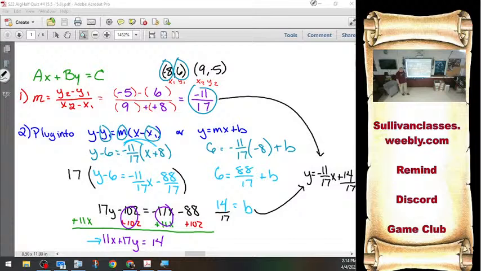You're still going to have to multiply by your 17. You're still going to have to move stuff to the other side. Okay. I add this over. 11/17 x plus y is 14/17. And then you got to multiply the whole thing by 17 to get this.